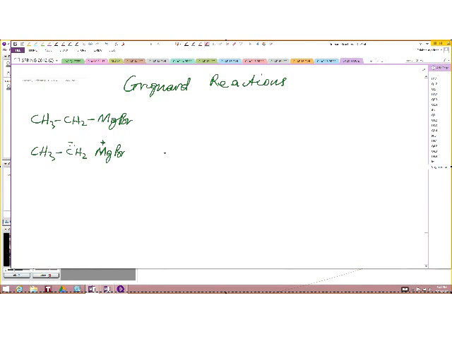And the Grignard could therefore react with an aldehyde, in this case formaldehyde. What does it do? Attack this right here. The pi electrons go here, and so you form this intermediate.